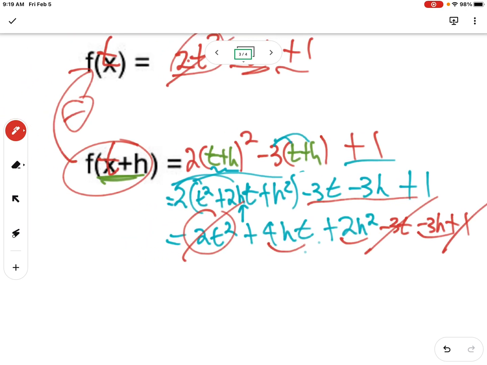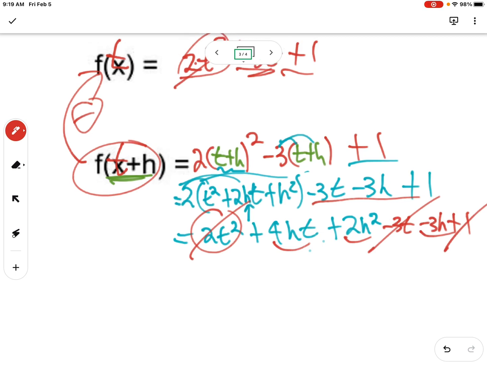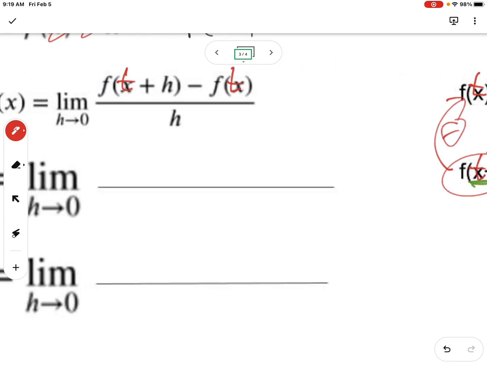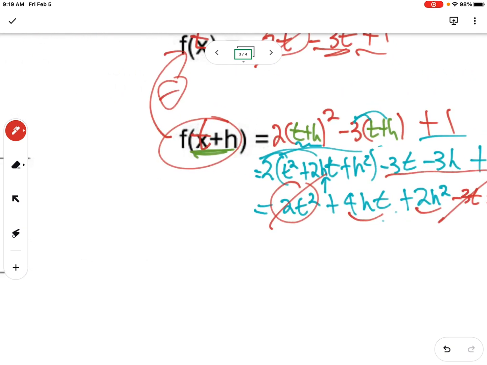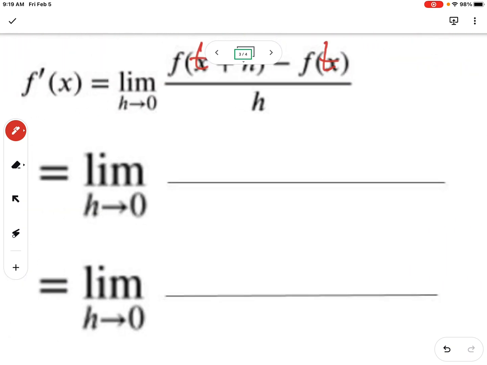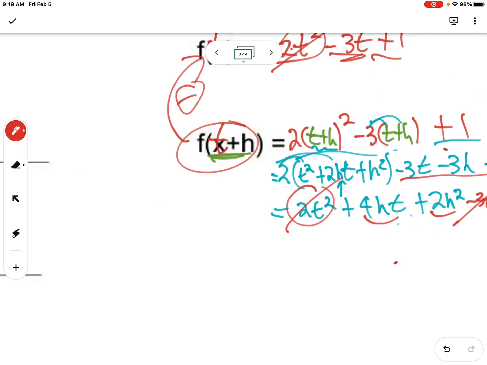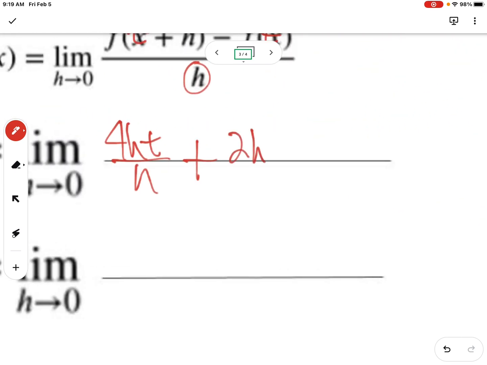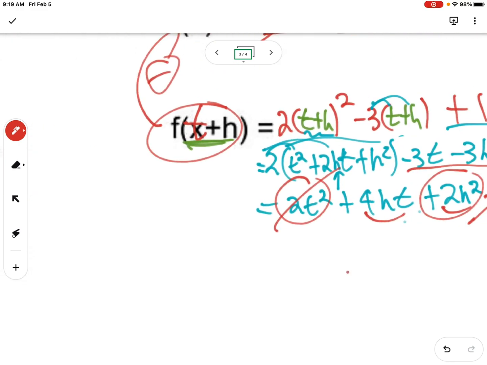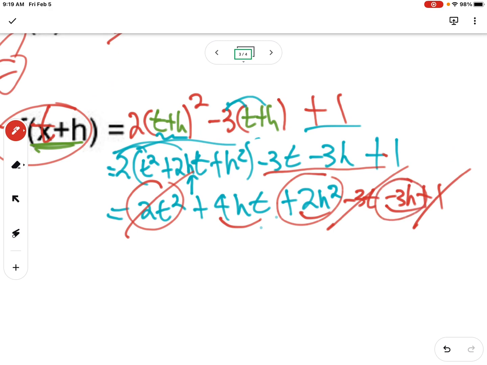Okay, so let's go back over to here. And what I want you to do now is get used to just writing it directly into fractions right away, okay? Like separate fractions. So you're going to write it as 4ht, and then you're going to divide by that h, plus 2h squared divided by h, plus negative 3h.